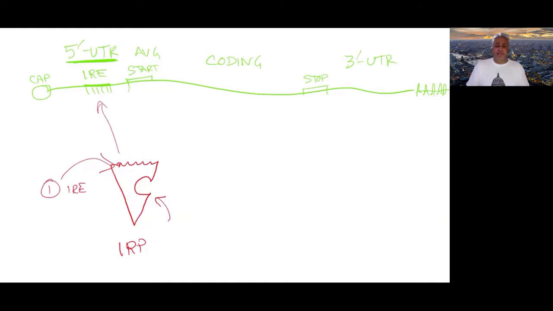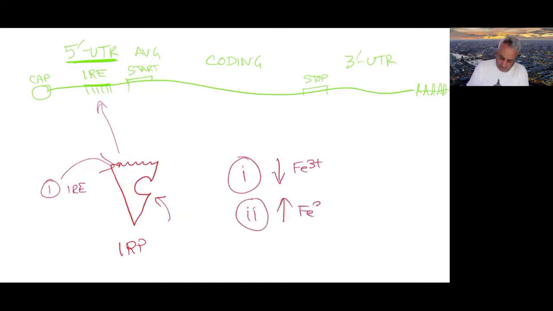So it acts as a switch. So the two conformations that we need to worry ourselves with is number one, when iron levels are low, what happens? And then alternatively, we need to consider what happens when iron levels are high. So let's take the first scenario, right? Let's change the color so we can follow that. When iron levels are low, let's use purple.